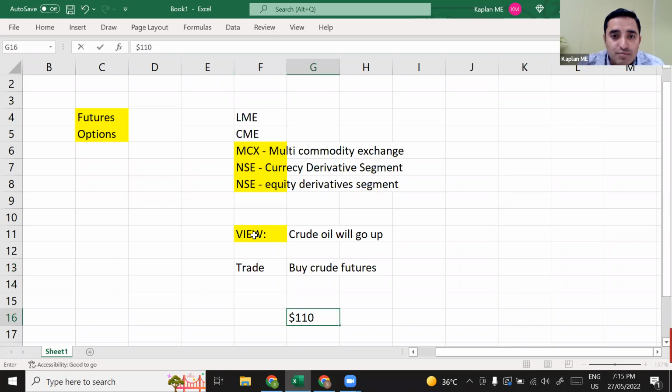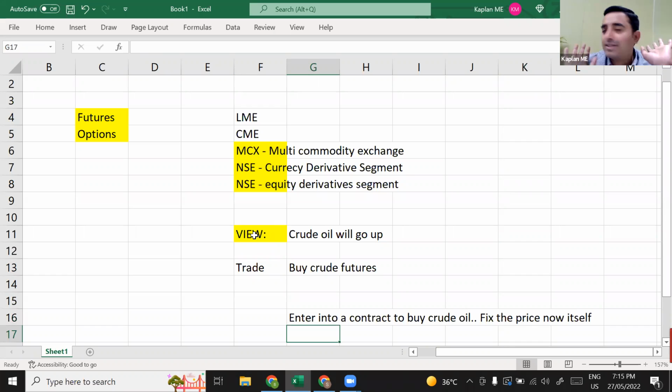Clear? So you enter into a contract to buy crude oil and fix the price right now. This is basically what you want to do. And if you do that, you can make a profit, because you fix the price. Tomorrow when the prices go up, you make a profit.